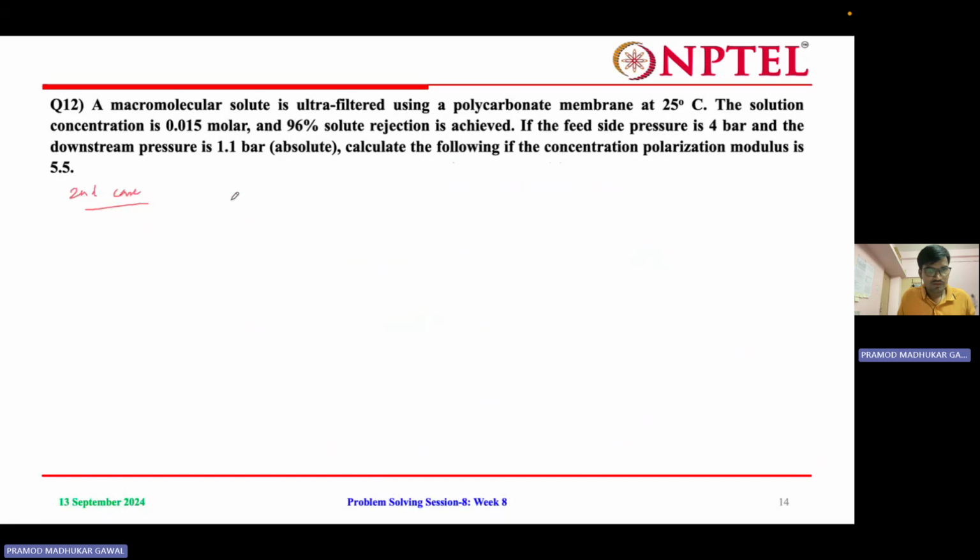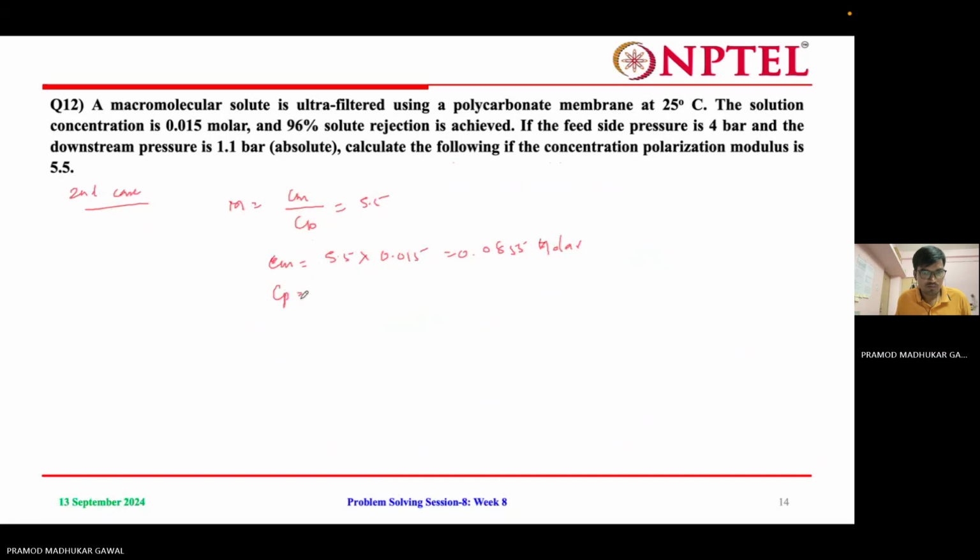Right. So M is equal to Cm by Cb, which equals 5.5, right? So Cm is equal to 5.5 into CB, 0.015. It's 0.0825 molar, right?